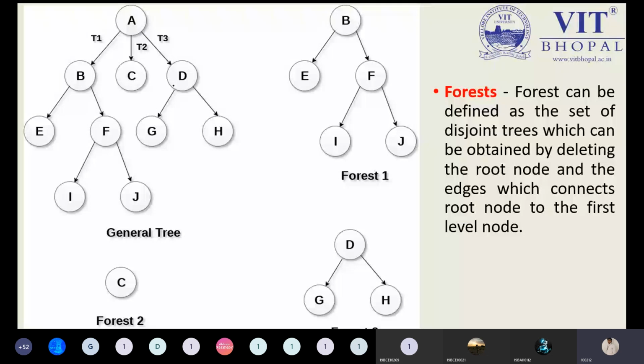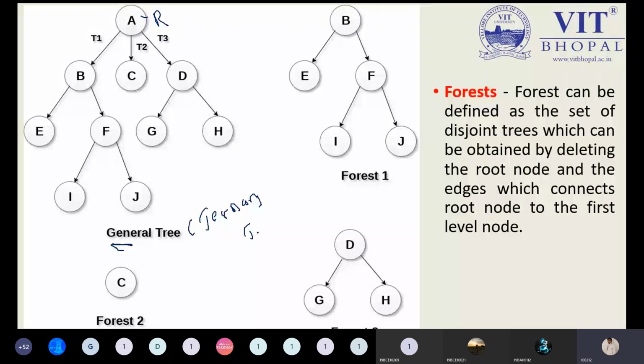So you can have it over here. A is our root node. How many subtrees does this node have? A is a root node and this is a general tree, and this general tree is also recognized as a ternary tree.